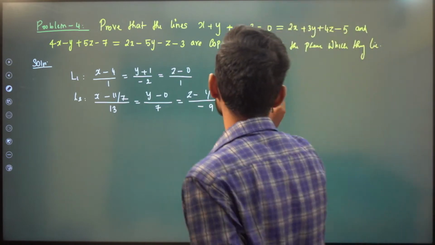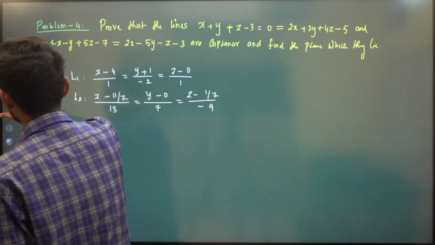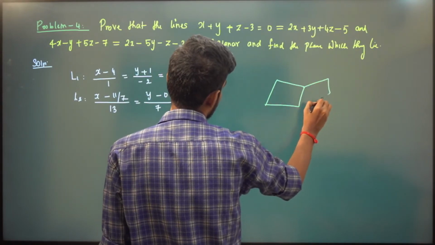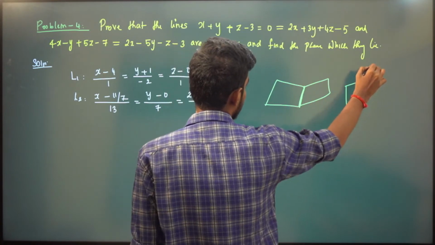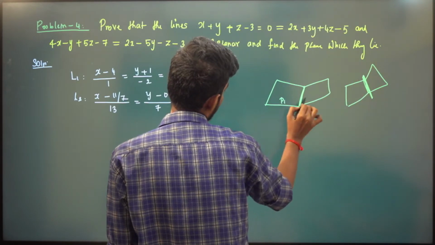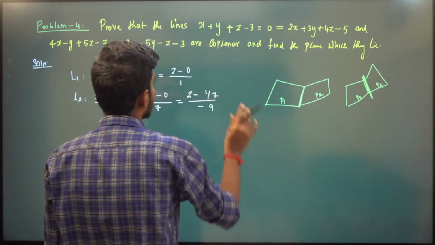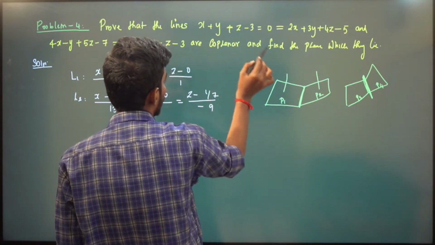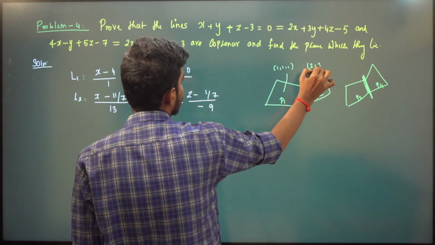So you just have to solve for the direction ratio of the line. This is our L1, and similarly they are given L2 also. So you know P1, P2, and P3, P4. This has direction ratio 1, 1, 1 and this has direction ratio 2, 3, 4.